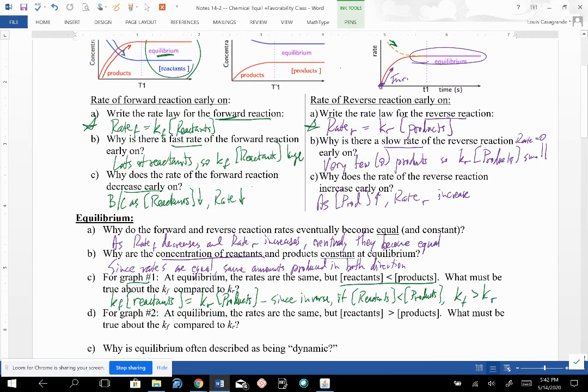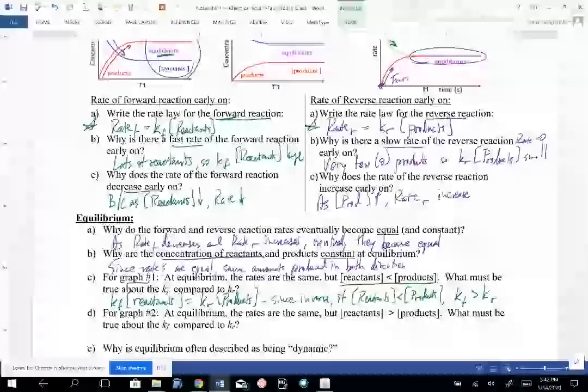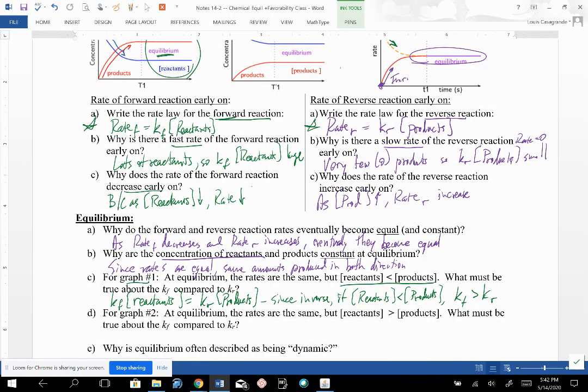So this is a reaction that inherently is faster in the forward direction. The rate constant is faster in the forward direction. But when we reach equilibrium, the two rates, not the rate constants, but the two rates, when you include the concentrations in there, become equal to each other.